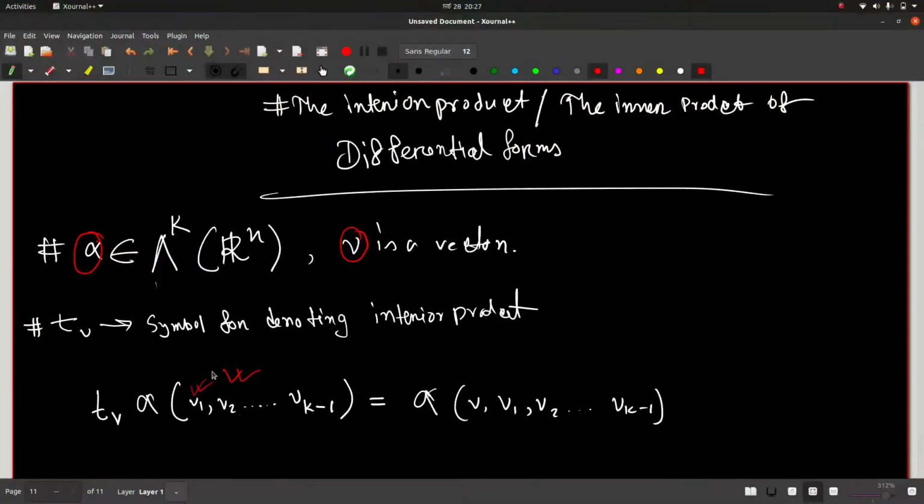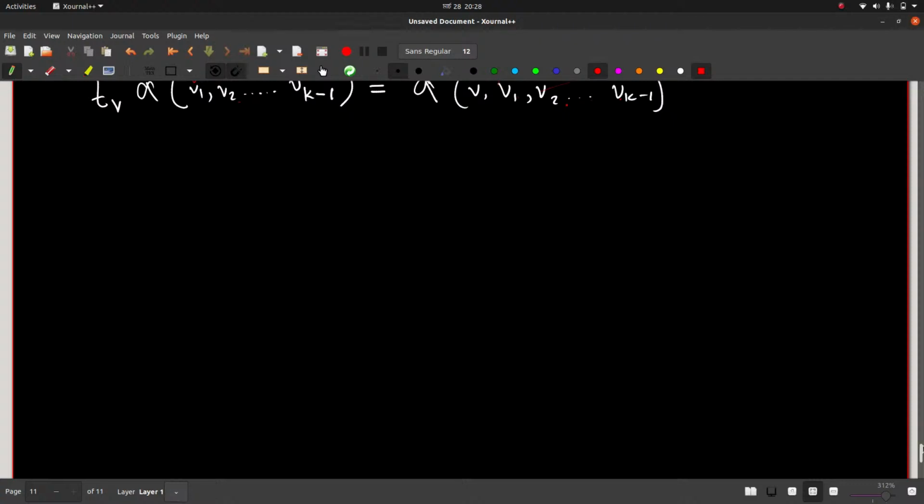Or you can think of it as it just creates a new slot and puts v inside it. So whatever is happening over here really doesn't matter. All these v1, v2 don't really matter, and we'll see why in an example.